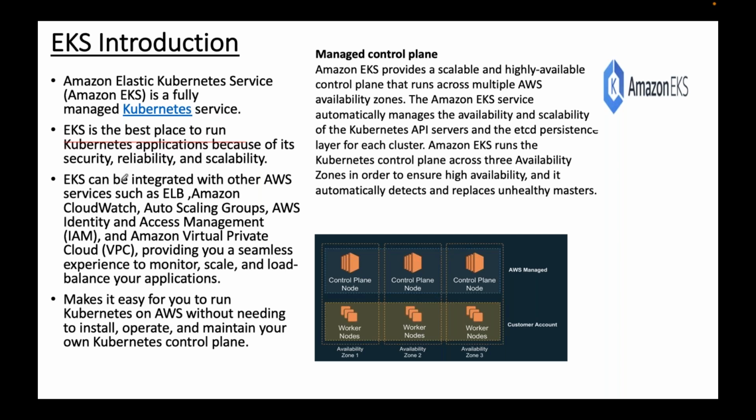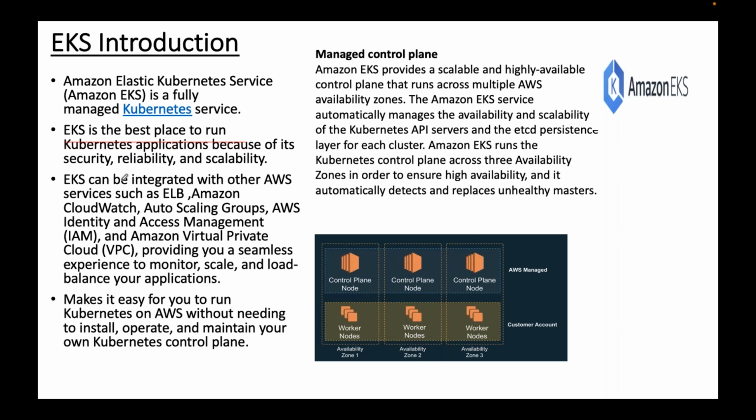EKS can be integrated with other AWS services such as CloudWatch, auto scaling groups, IAM, VPC, ECR, ELB, all those other services. You can create services of type load balancer for whatever applications you are deploying in an EKS cluster.